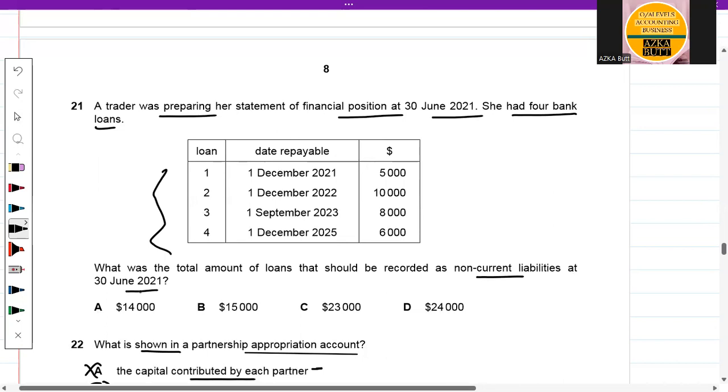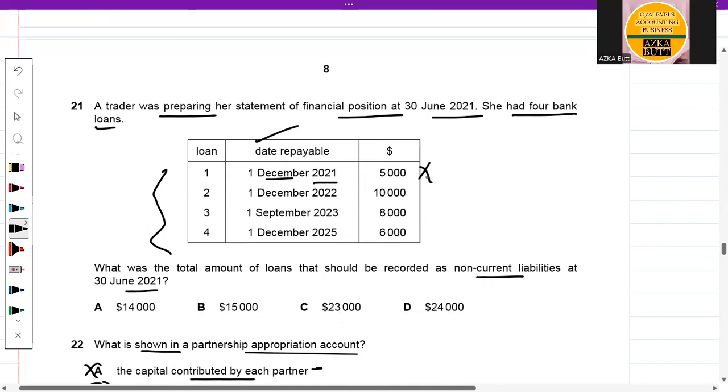So if you see the date repayable is written, this 5,000 would be repayable on 1st December 2021. We are preparing the statement of financial position at 30 June 2021. Because this amount would be payable in December, it would not be part of non-current liability.